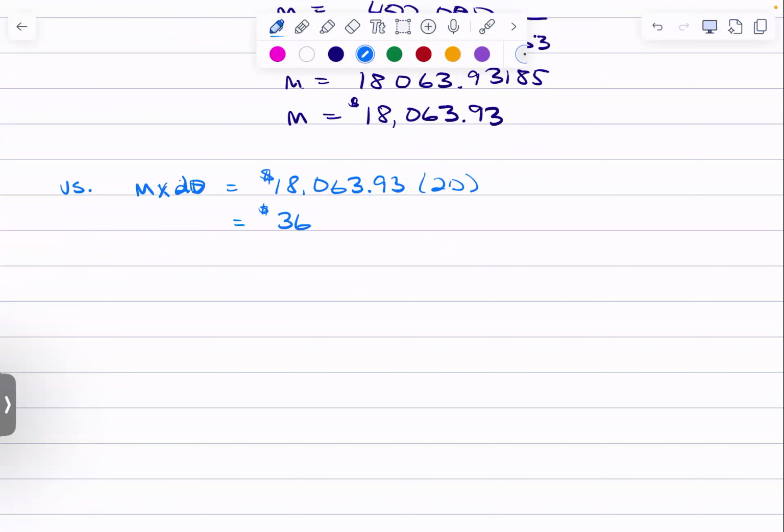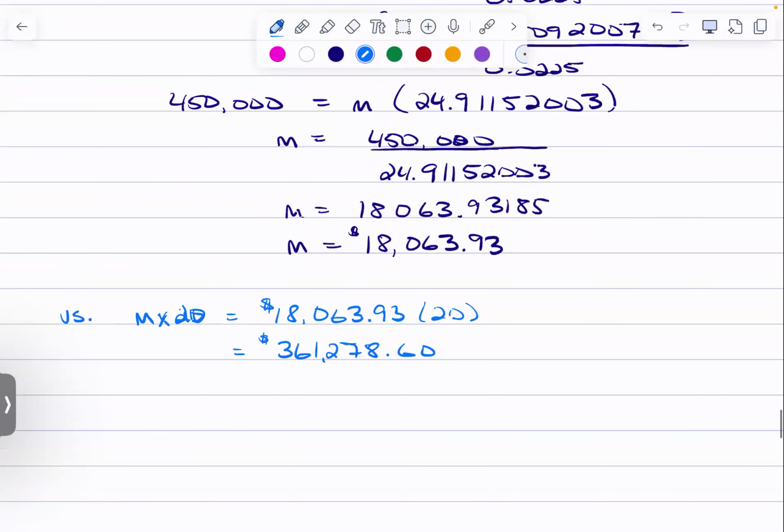So in terms of money they had to put away, they actually gave $361,278.60, right? But because of the time value of money, where we are able to deposit and earn interest, that's how they're able to get to the final amount of 450,000. So that's nice. It means you have to have 18,000 four times a year, but still, campers.